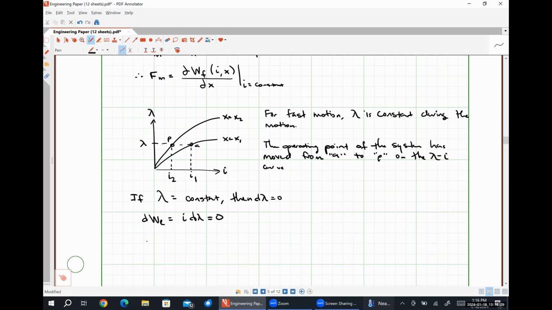So that means that effectively the field energy is what's causing this movement in this case.